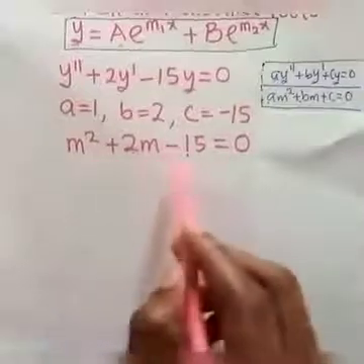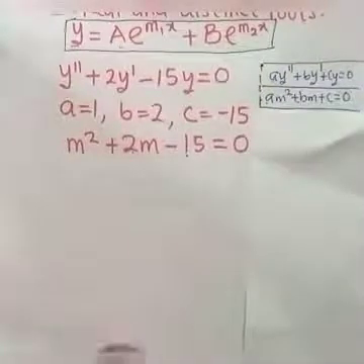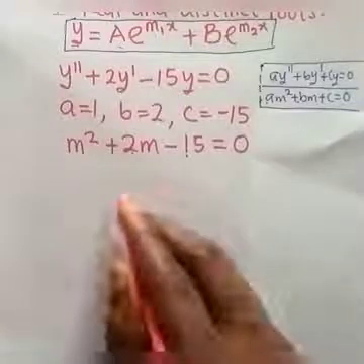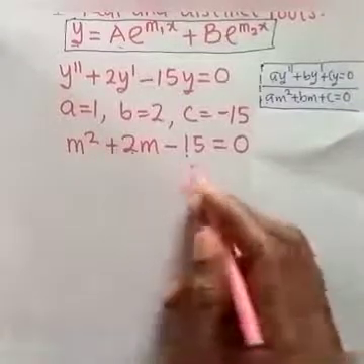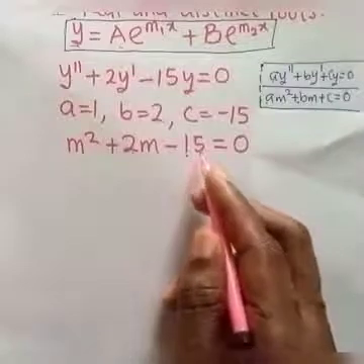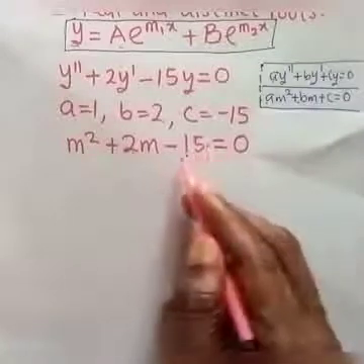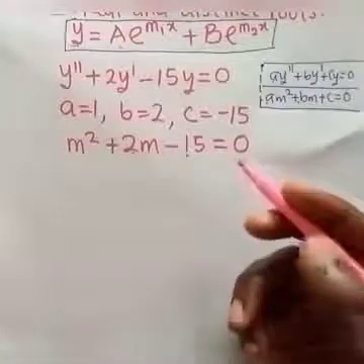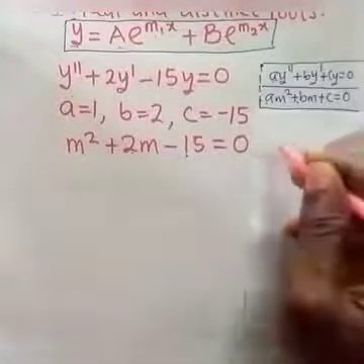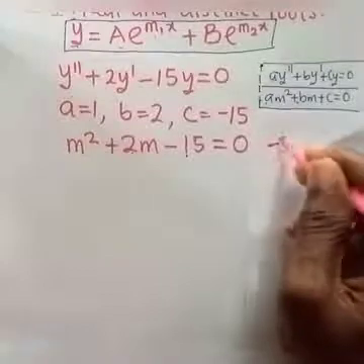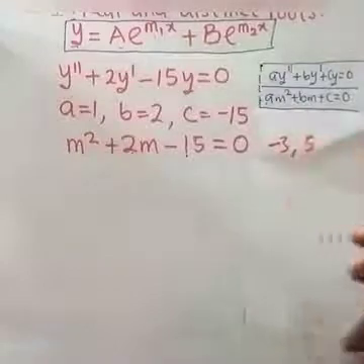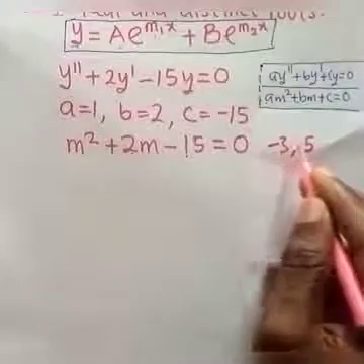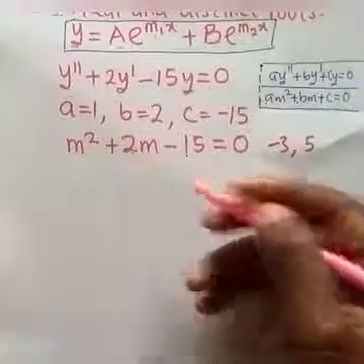To solve this quadratic equation, we look for two numbers such that when we multiply them, it gives us -15, and when we add them, gives us +2. Those two numbers are -3 and 5. -3 times 5 gives us -15, and -3 plus 5 gives us 2.